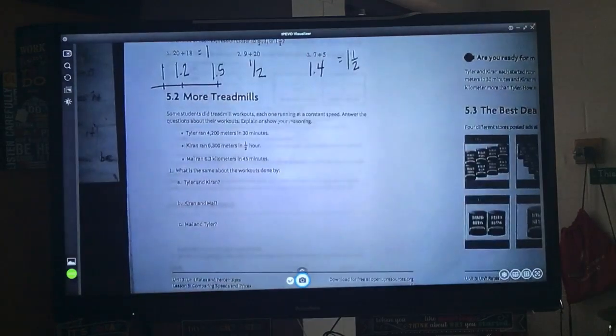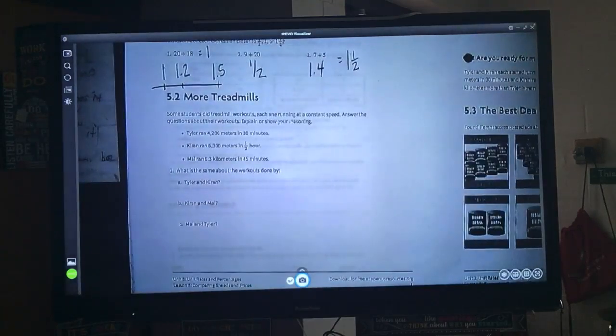Well, just figure it out. You said it's higher in 45 minutes, and you divide by 30. And if you divide 45 by 16.